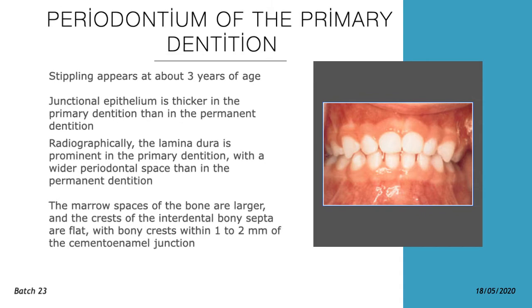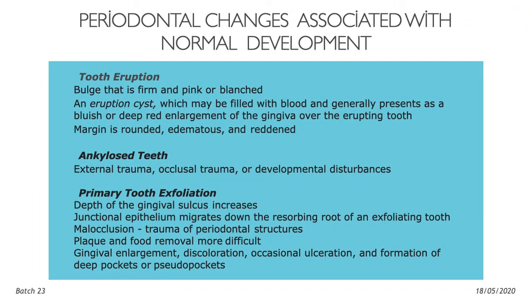So the periodontal changes associated with normal development: what are all the periodontal changes you will see during the normal development of the tooth, during tooth eruption or during tooth exfoliation? During tooth eruption, what are all the normal periodontal changes you will see?